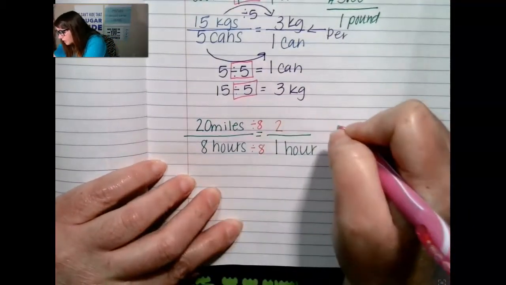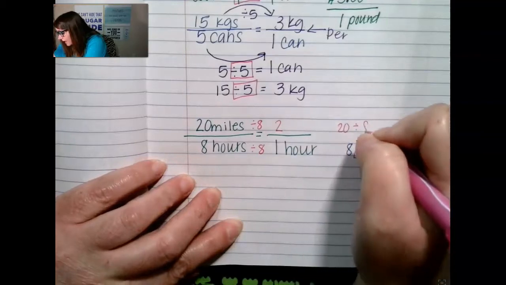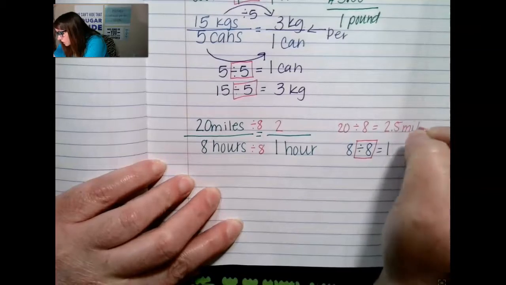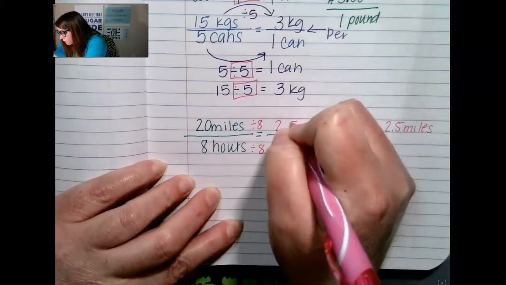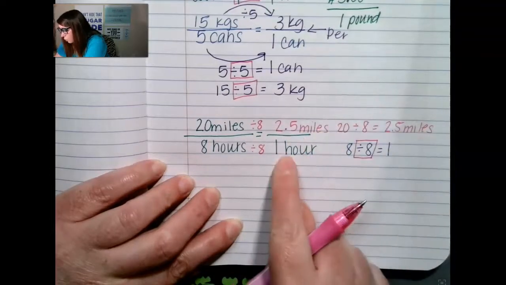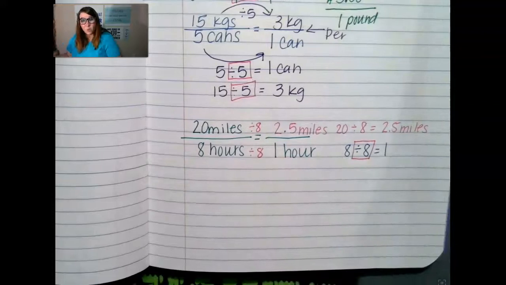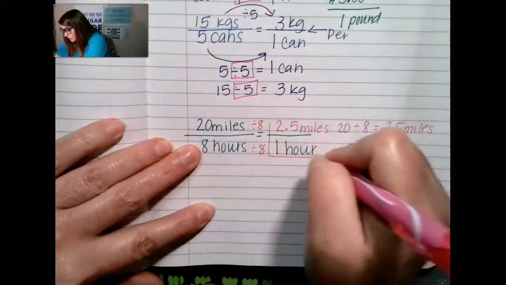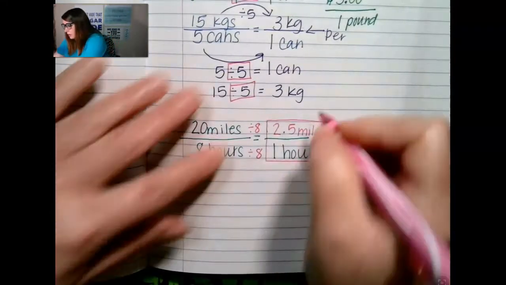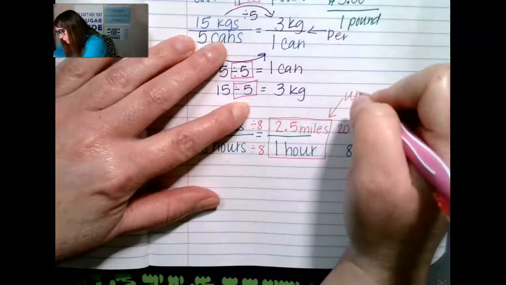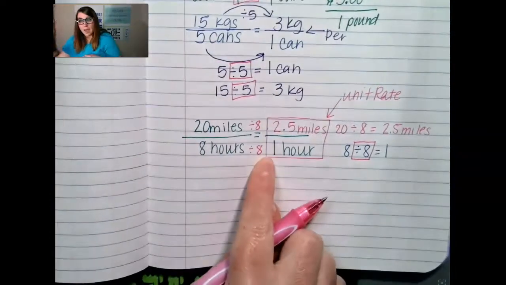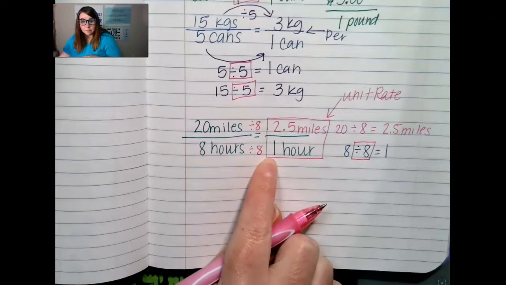So when we divide 20 divided by 8, we're getting 2.5 miles. So 2.5 miles per 1 hour. So that means that in 1 hour, I walk 2.5 miles. So this is my unit rate right here. That's it, because it has the 1 on the bottom.